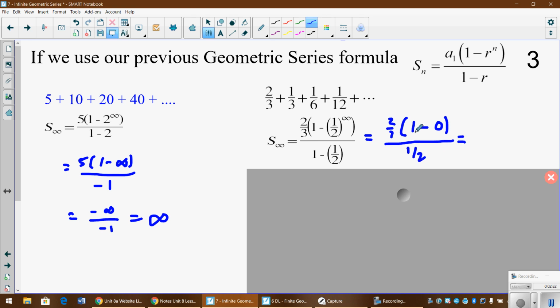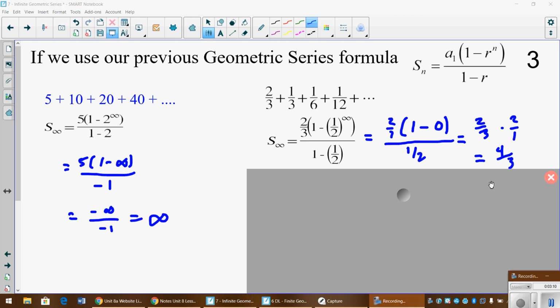So 2/3 times (1 minus 0), that's 1. So 2/3 over 1/2, that's the same as multiplying by the reciprocal. 2/3 times 2 over 1 equals 4/3. So we actually got a converging value to 4/3 when you add up all these smaller and smaller numbers.